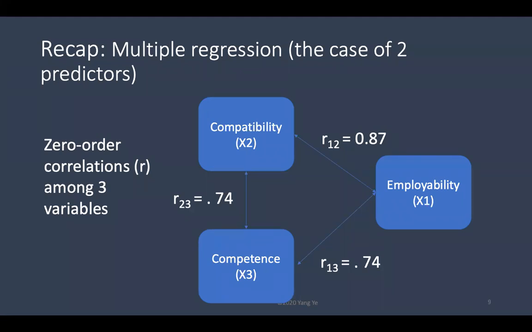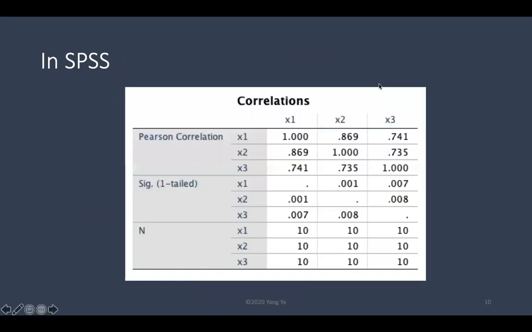So you can see that for the three variables, R12 indicates the zero order correlation between x1 and x2, and R23 and so on. And you can see that each of them is highly correlated with each other. So this is the zero order correlation that we are dealing with here. And so that's it in the SPSS. We can see the Pearson's correlation, and we can see the significance level.